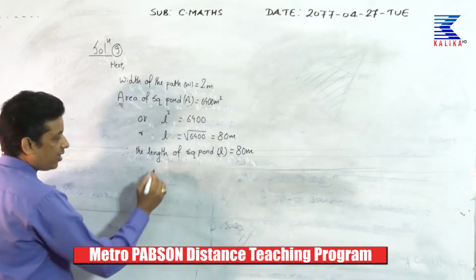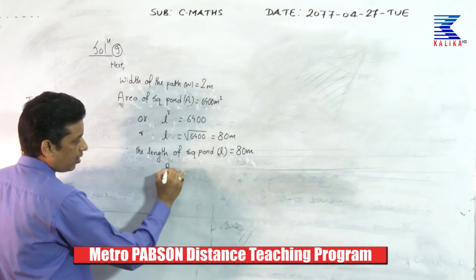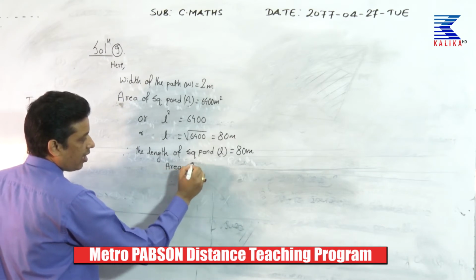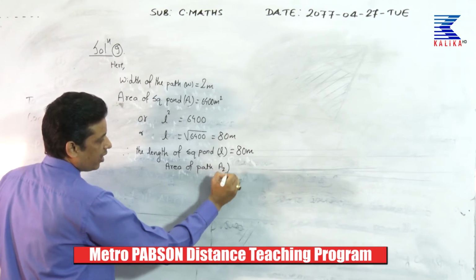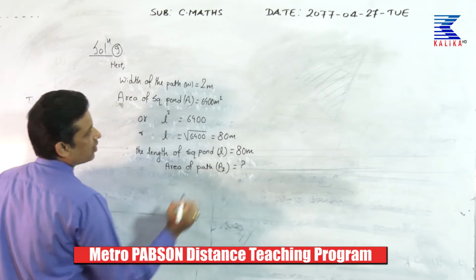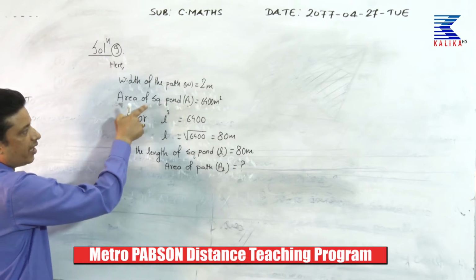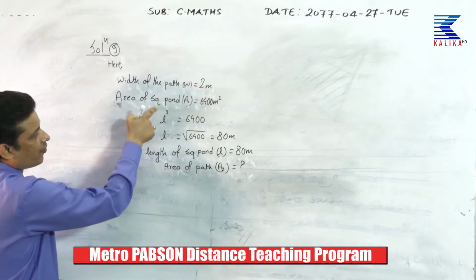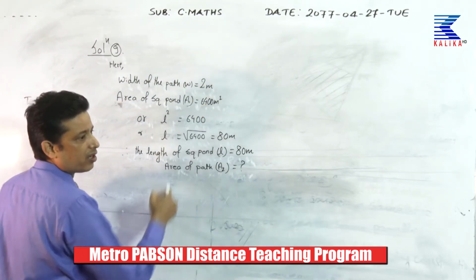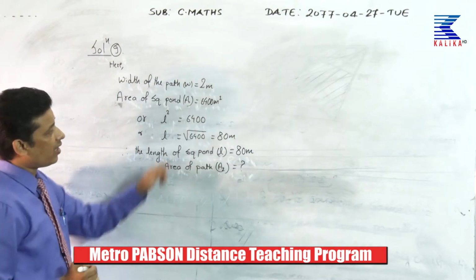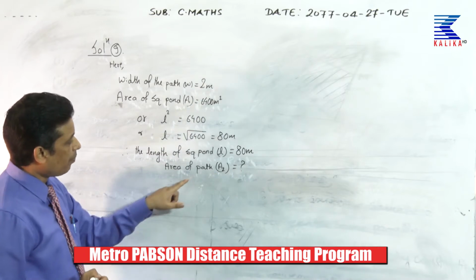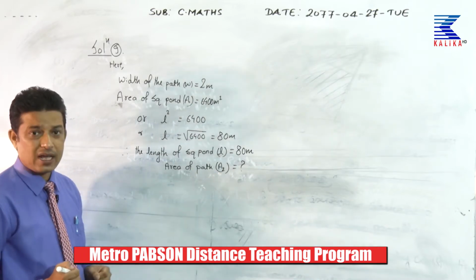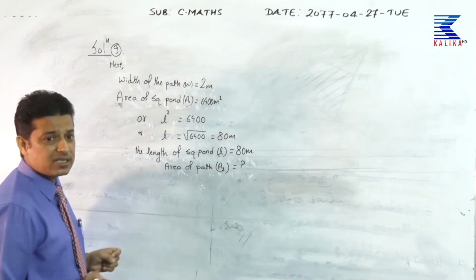So, we need to find area of path, A2, I have written here, is equal to what? Because here was also an area, the area of square pond, 6400, is given. This is why I supposed it A1, and here I supposed area of path A2. So, this is the case.